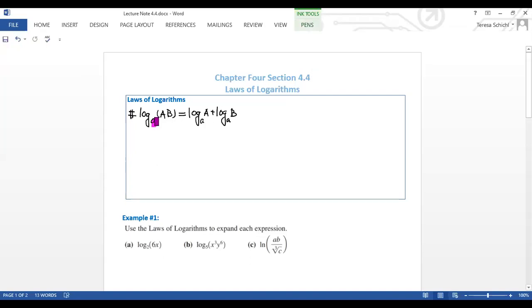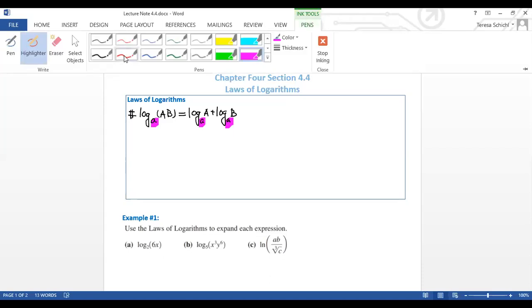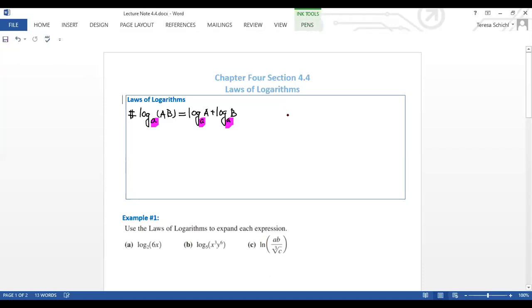That means your base has to be the same. If you have the same base, when you add them, it is equal to one log function, and you multiply the arguments. So a few things to be careful about.